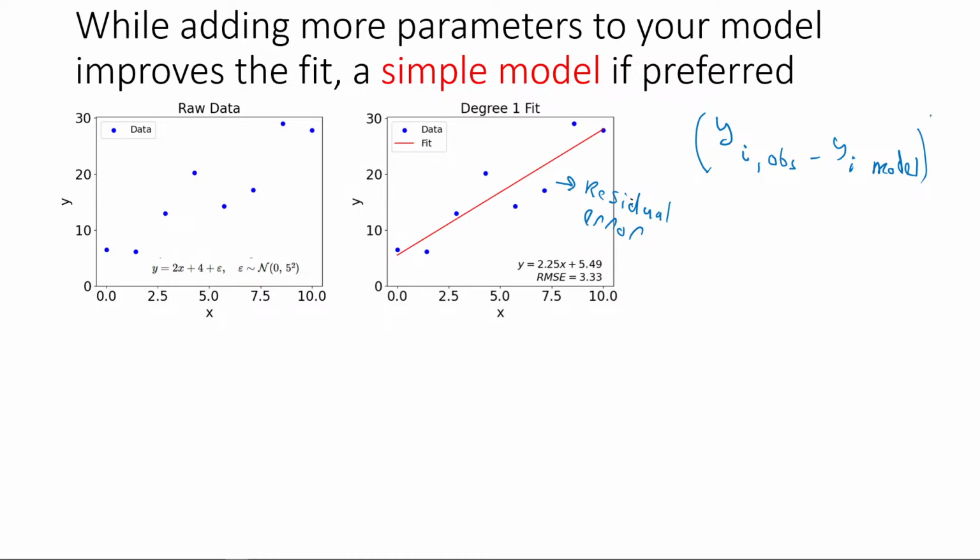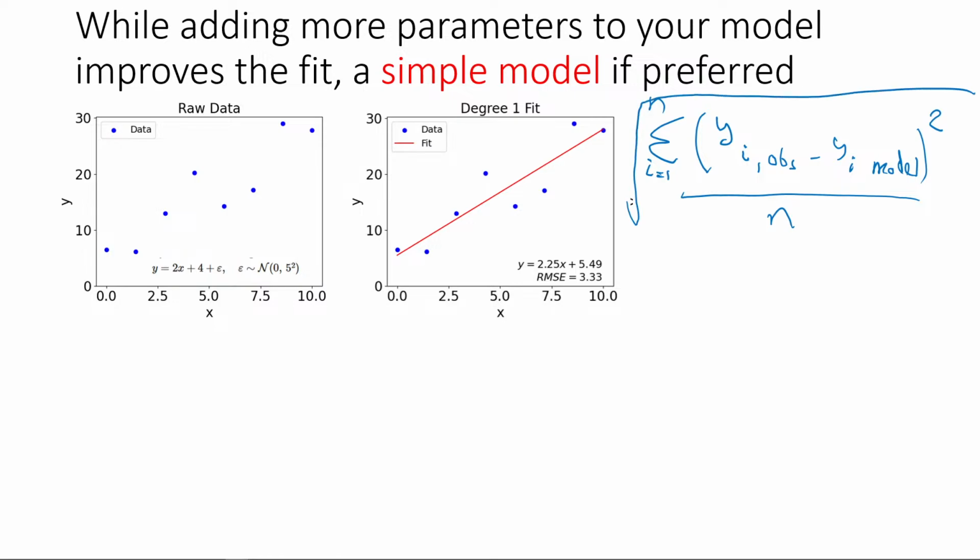So you square them, and after you square them, you sum them, with i from 1 to n, and divide by n. Then you take the square root. That's called the root mean square error.